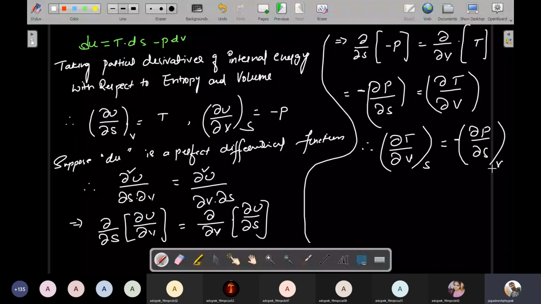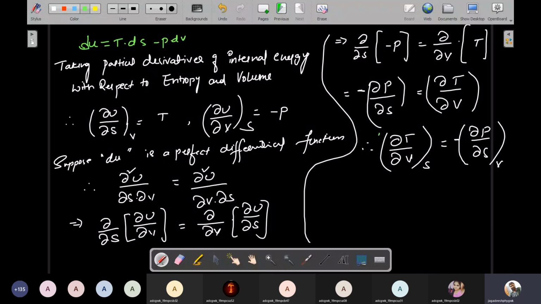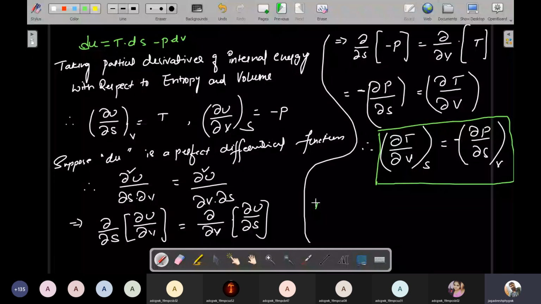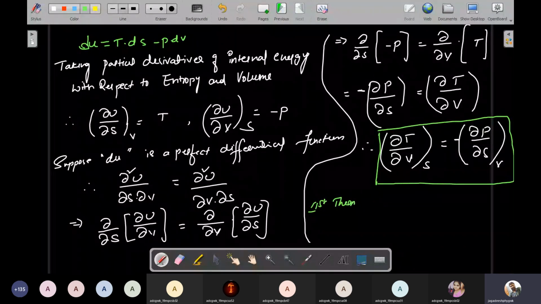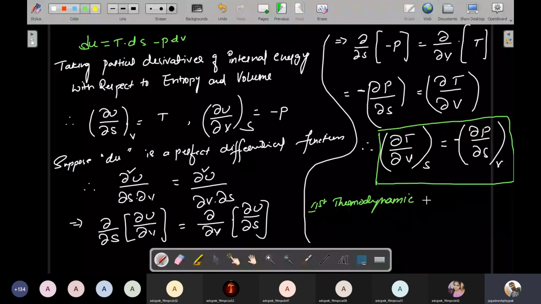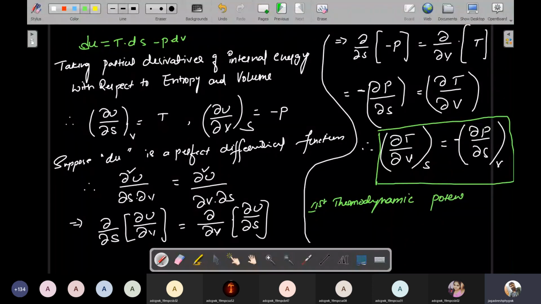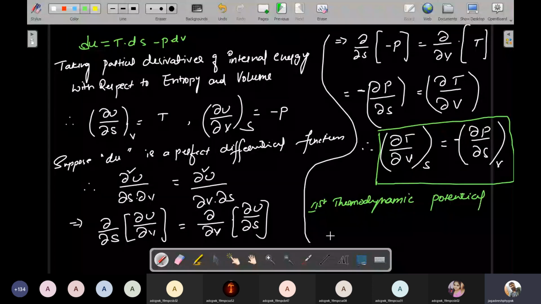at constant volume. So this is the first thermodynamic potential. This is called the first thermodynamic potential.